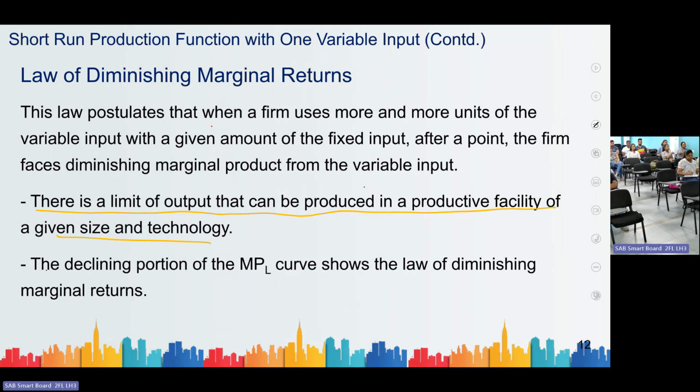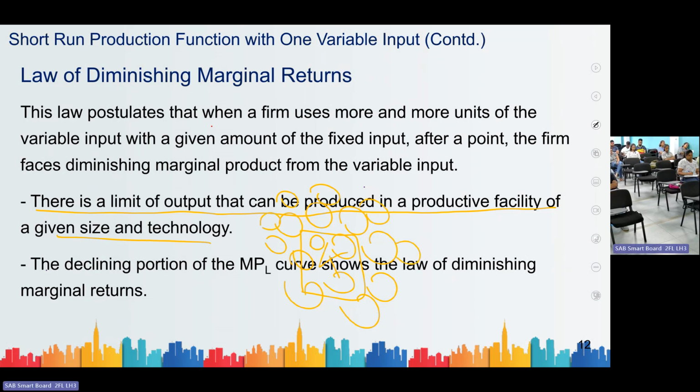So there is a limit of a given production facility. Capital is limited, but labor is overcrowded.